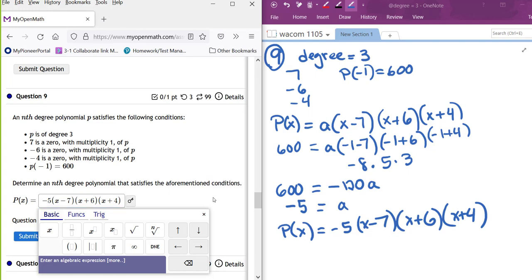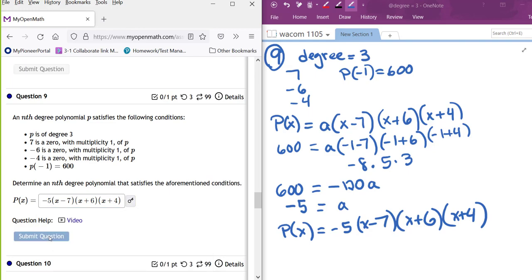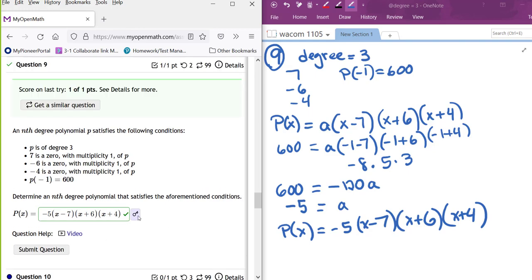And click outside, submit. There we go. They accepted it. If you multiplied it out, this is what you get. Okay. So I'm really happy not to have to put that in.